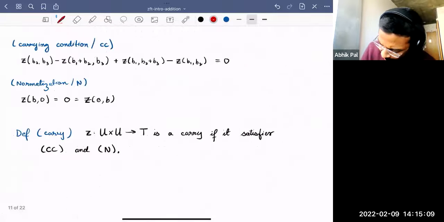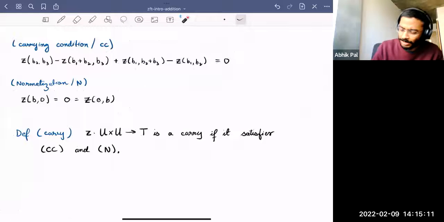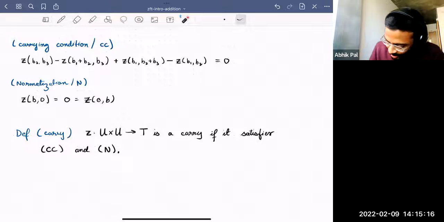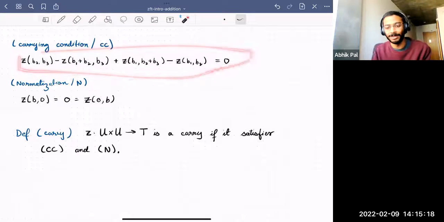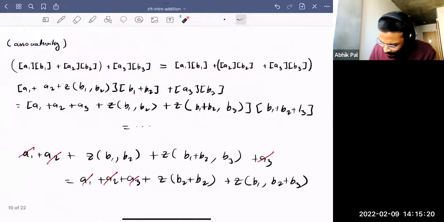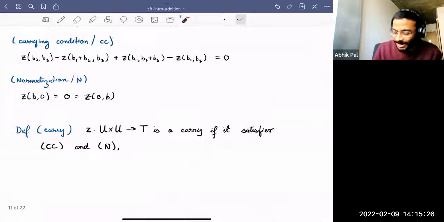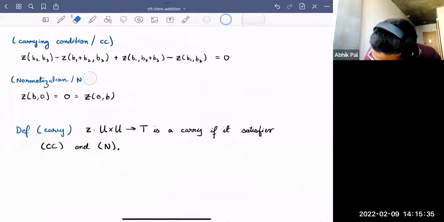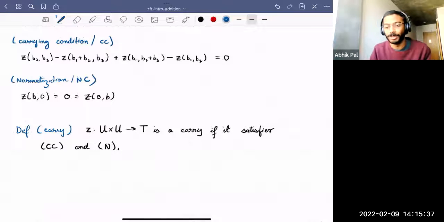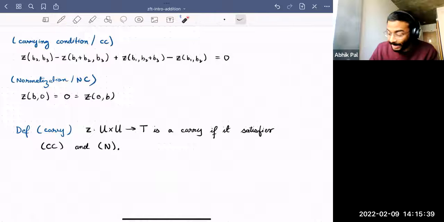I arrived at the following condition, which I'll call the carrying condition on this function Z. The carrying condition is just what I got after I imposed the associativity condition. But for our own sanity, the condition that we want is that if I add a 0, I do not want to carry anything. So this I'll call the normalization condition, maybe N for normalization condition on my carry function.